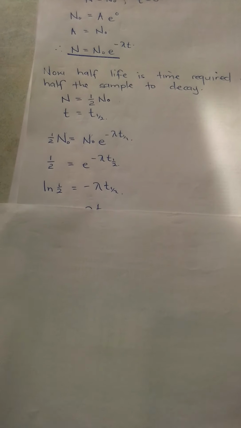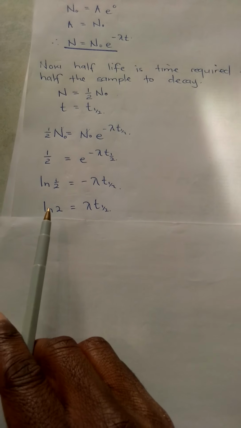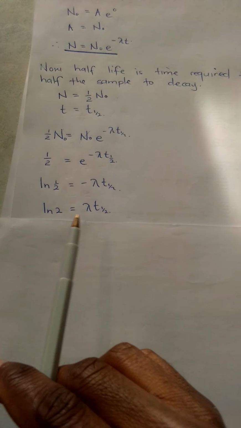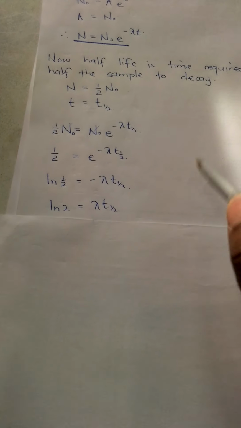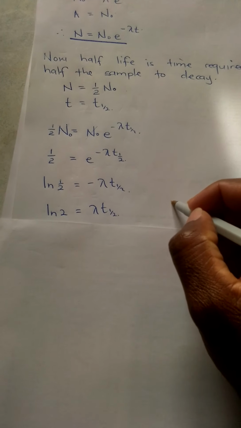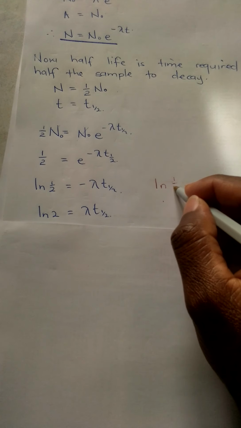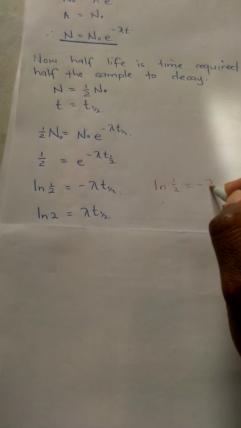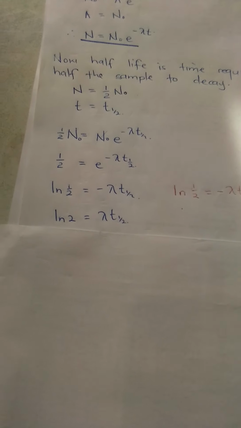Now the logarithm now is changed to 2. I'm going to show you why, because the negative has disappeared. So let's do it here. Logarithm of half is minus lambda t to the power to the lambda t half.